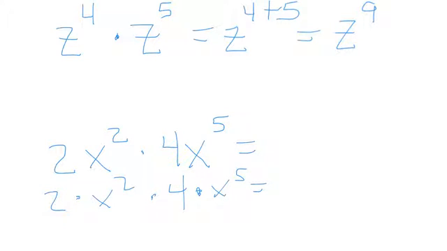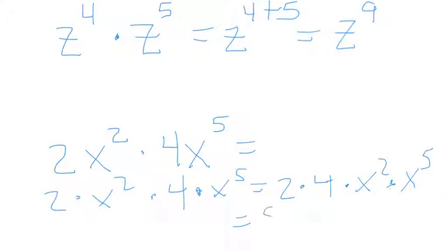Because the multiplication is all commutative, we can change the order to bring the 2 and the 4 next to each other, and the x squared and the x to the 5th next to each other, which is going to give us 2 times 4 times x squared times x to the 5th.